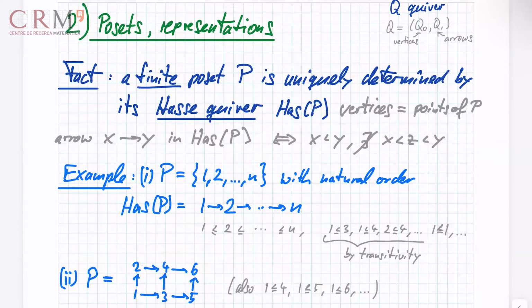That's the Hasse quiver of a poset. So that includes by transitivity also that 1 would be smaller than 4 and 1 would be smaller than 5 and 1 would be smaller than 6. So for finite posets, it's totally sufficient if I give you that Hasse quiver, and this uniquely determines the partial order. That's okay?